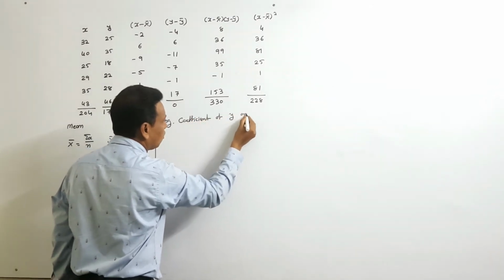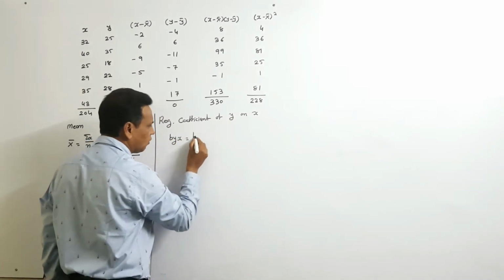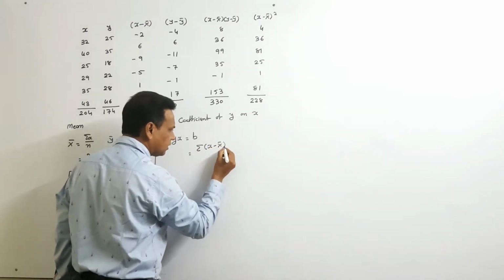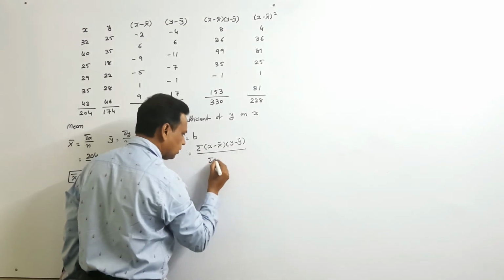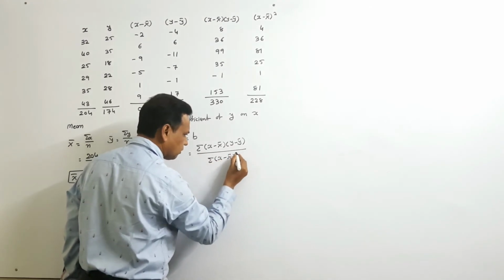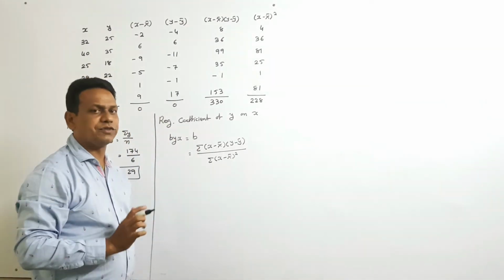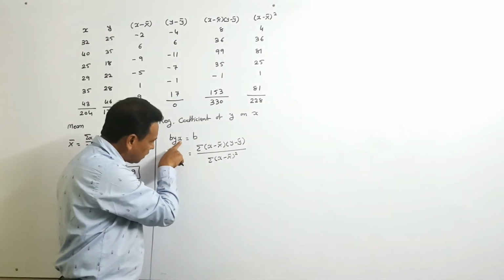of y on x. It is called b y on x is equal to b, and the formula we have is sum of x minus x bar into y minus y bar divided by sum of x minus x bar square. Keep one thing in your mind about the correlation coefficient: the numerator remains the same here, and the last variable is x here.